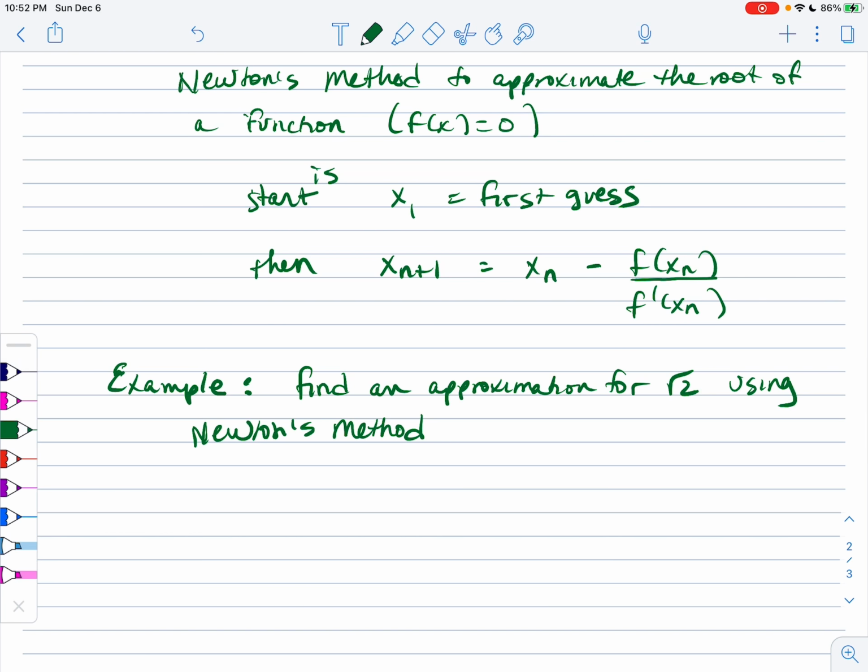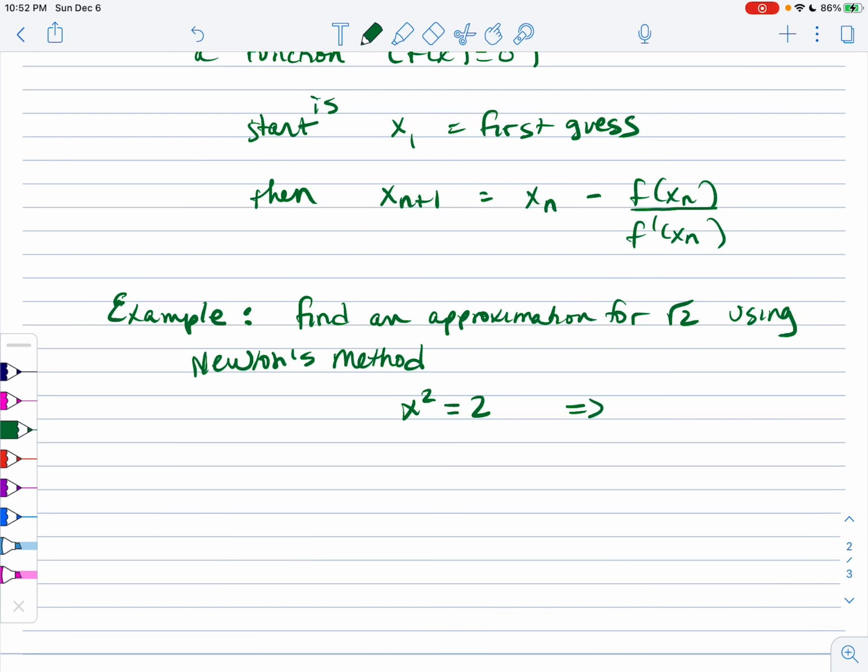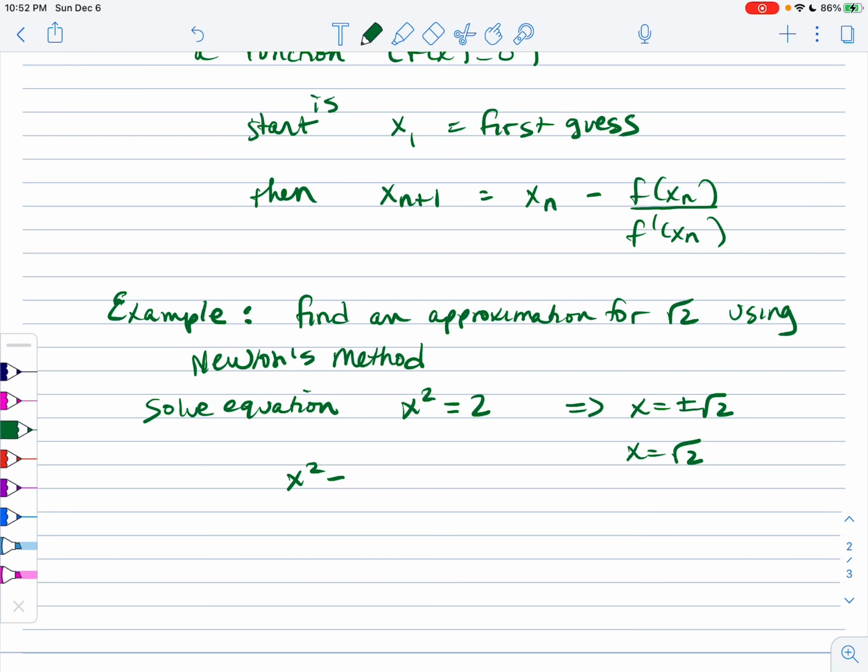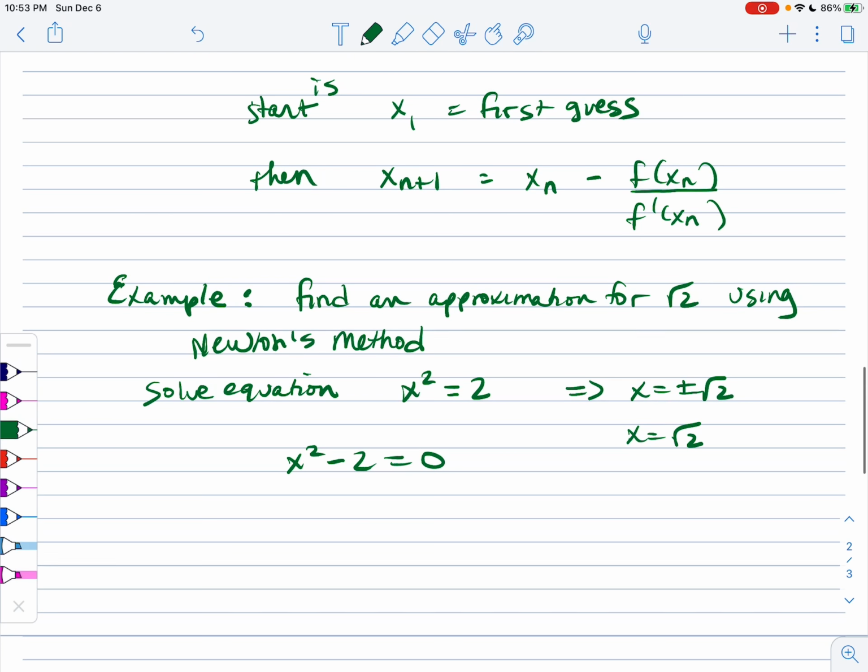So we know that x squared equal to 2. Our solution would be x equal to plus or minus the square root of 2, and so in reality we can use the square root of 2 as one of them. But if I'm actually solving this equation, and Newton's method is used to find roots of equations, I can always move all of the terms to one side. So I can say x squared minus 2 is equal to 0, right?